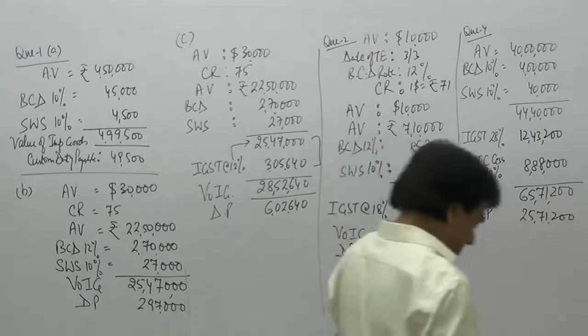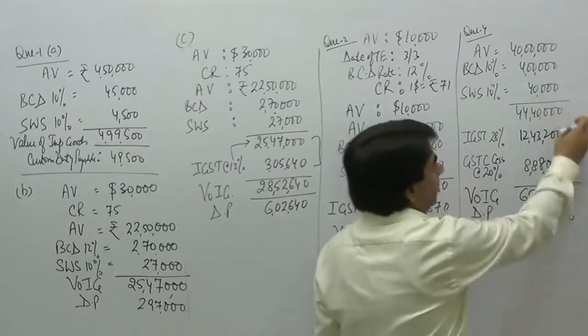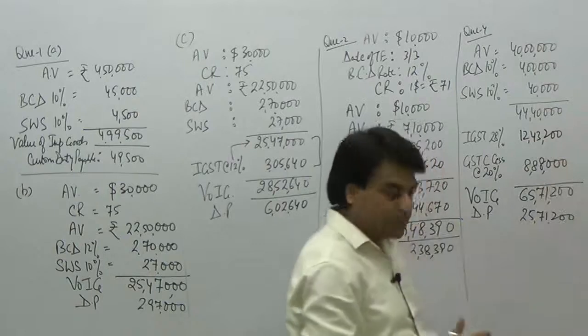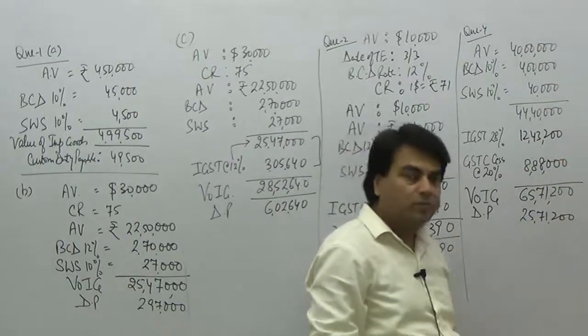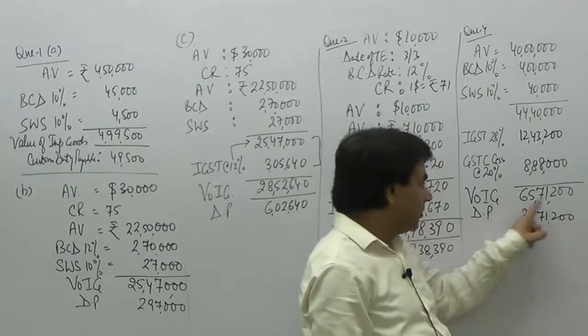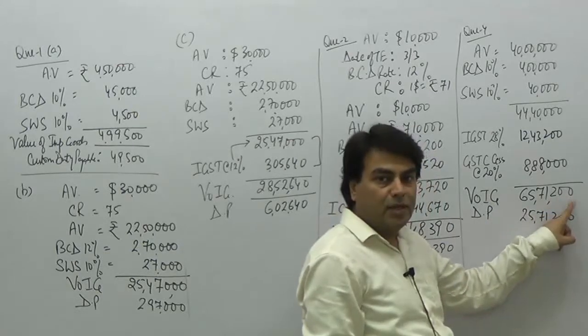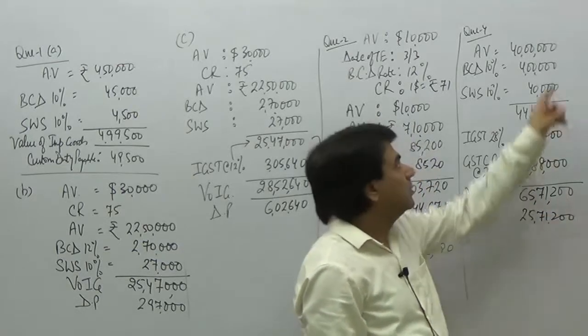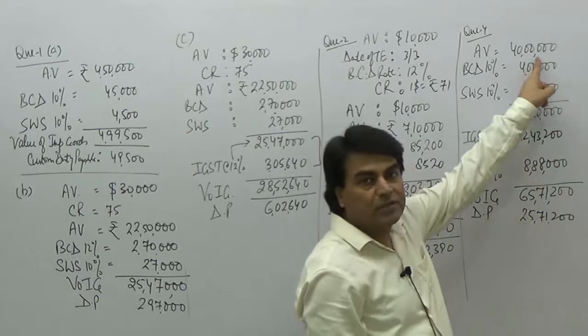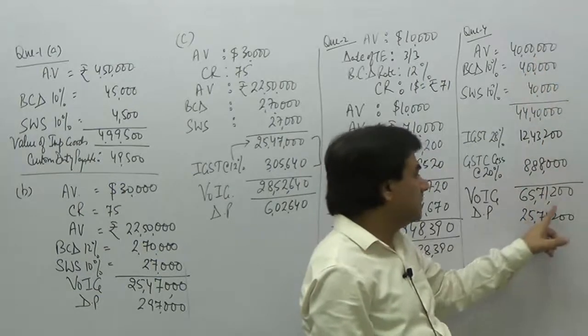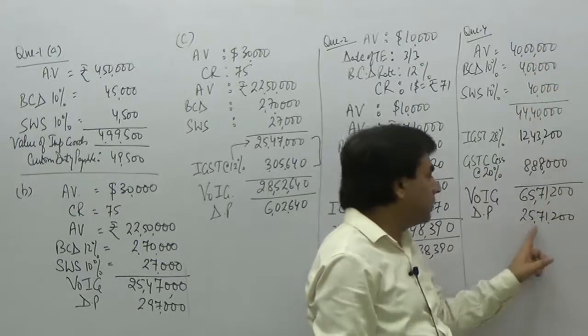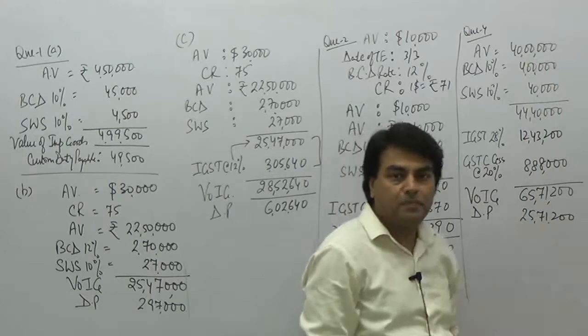Because either you add up all the 4 amounts of duties, or even a shorter route, take the value of imported goods and from this reduce the amount of assessable value. So this minus 40 lakhs comes to 25,71,200.